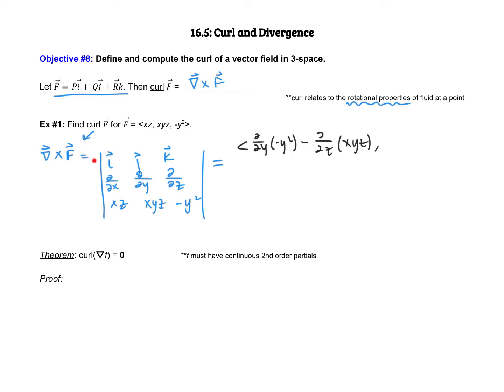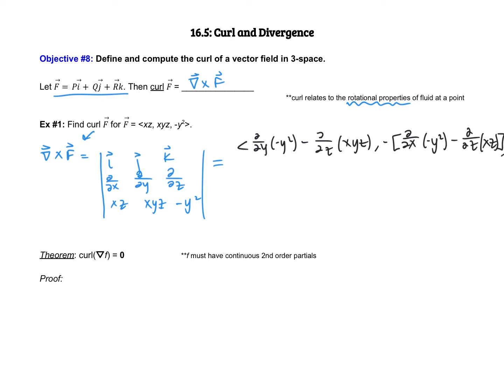Then we stay with that first row, ignoring the second column, again doing the diagonal. When you get to that second one though, remember it's going to flip the sign. So now we have the partial with respect to x of negative y squared, subtract the partial with respect to z of xz.